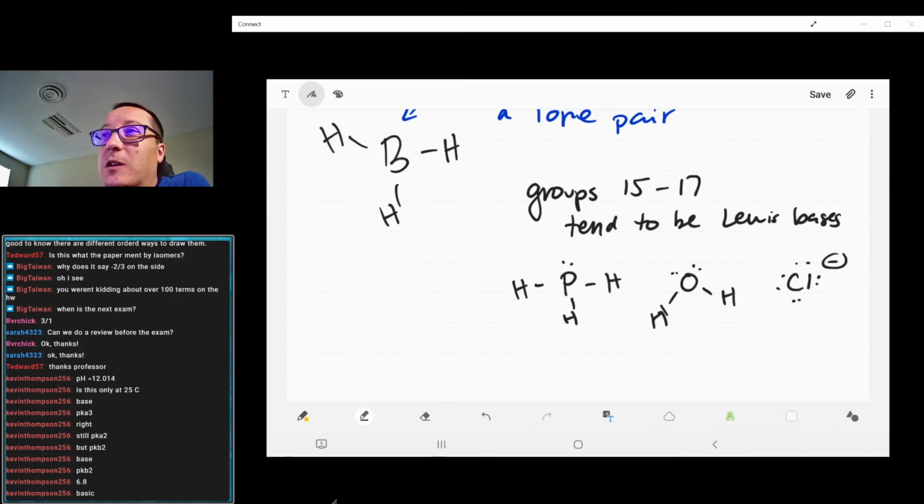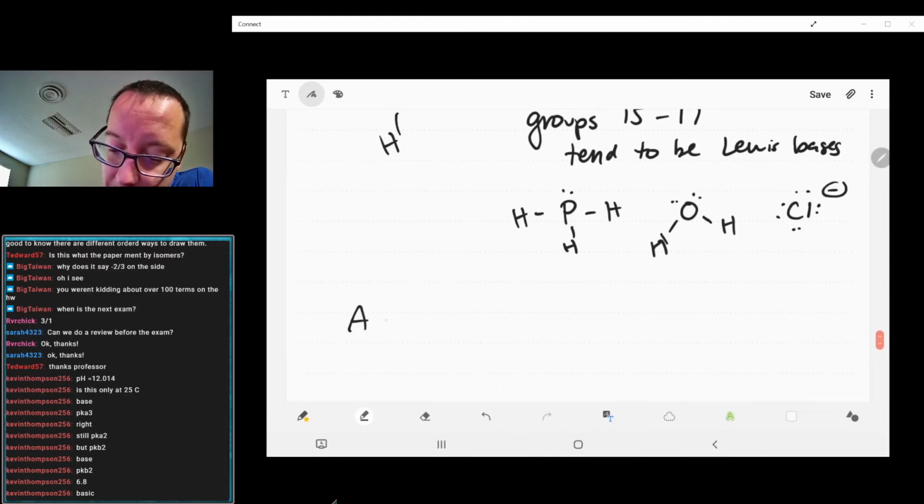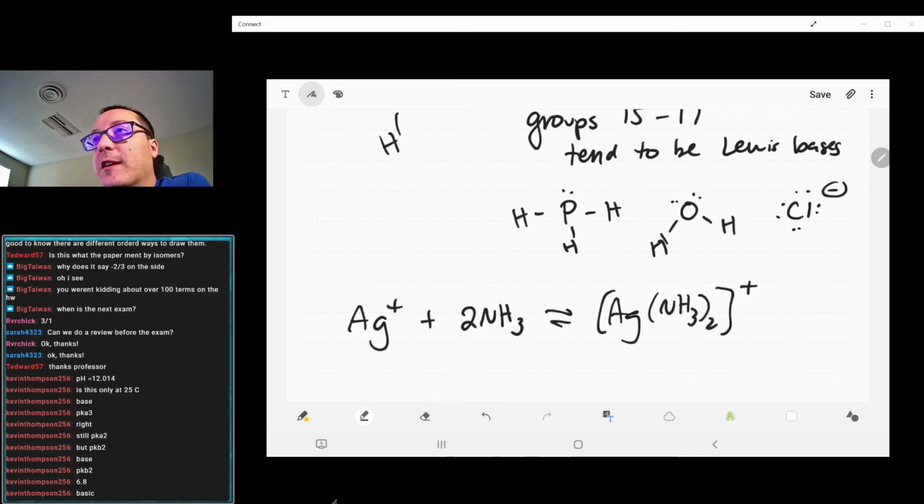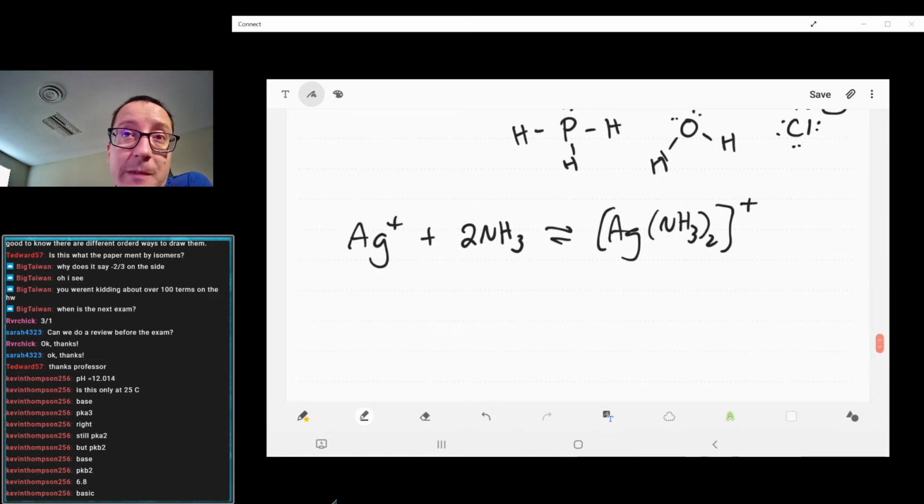We get to go into more complex chemistry here, but let's look at this one. We're going to form a complex between silver and ammonia. We're going to see, if we look at the Lewis structures of them, silver as a Lewis structure is completely empty.